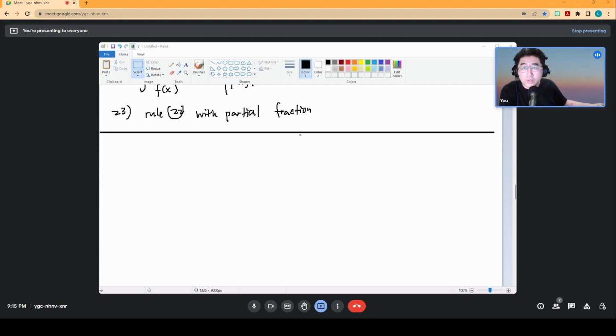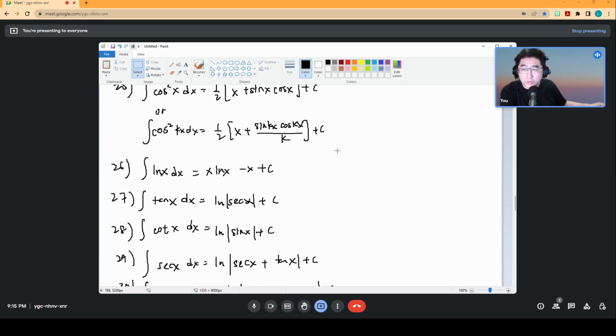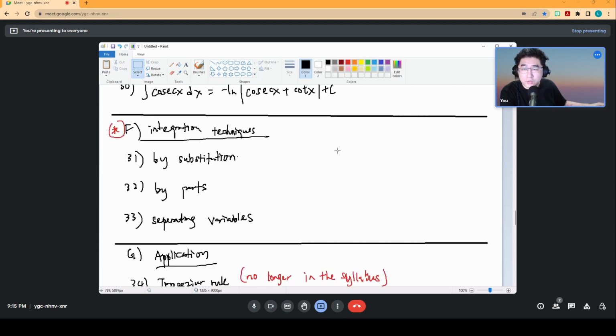Now the next one we want to cover, after that we have section E, special formula. Section F. The last one that we did is substitution.